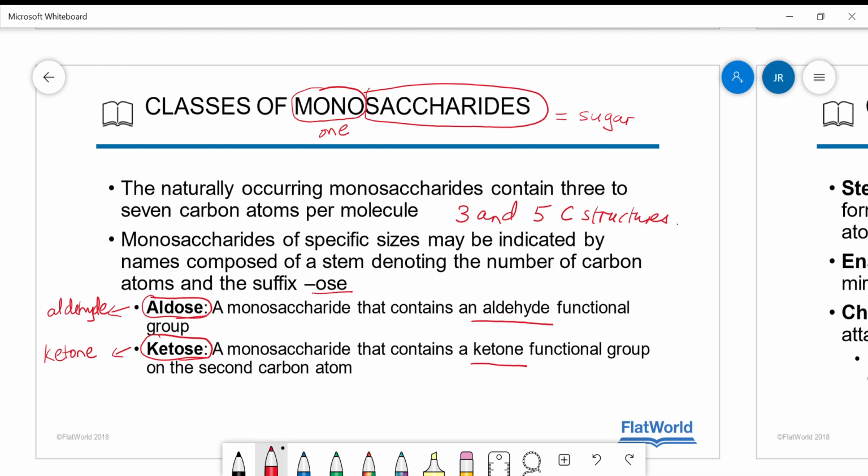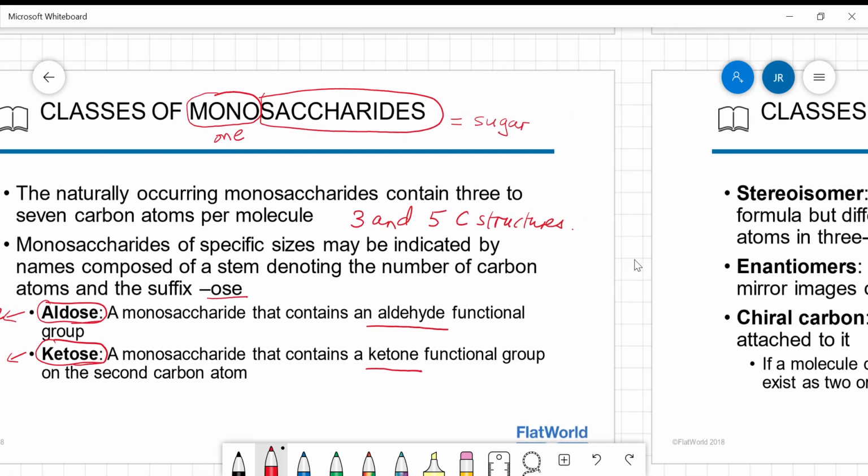These are all sugars that you're probably familiar with from your diet or inspection of nutrition labels. So anything for the most part that ends in OSE, odds are it's a sugar or a monosaccharide or a polysaccharide.